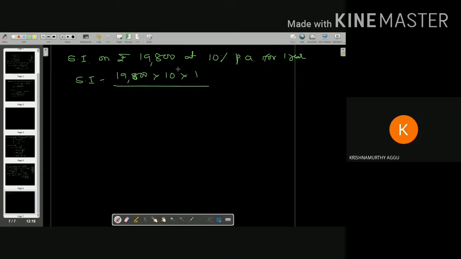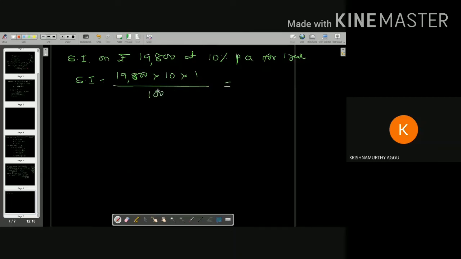SI on rupees 19,800. What is the rate of interest? 10 percentage per annum. For 1 year, I am taking. So, SI formula already we know, principal into time into rate of interest, PTR, time is 1 year, by 100.